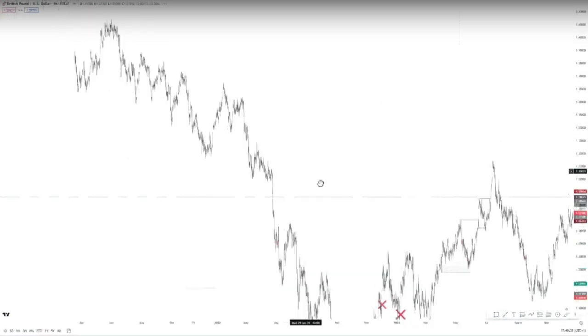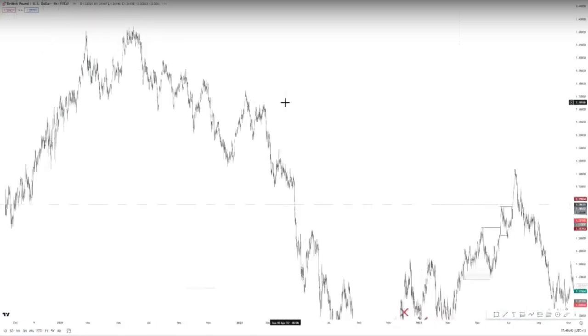You can see that this market has been bearish. Why? Because price printed a high, then came here, a lower high. Price broke structure. Price came here, a lower high. Price came here, a lower low.